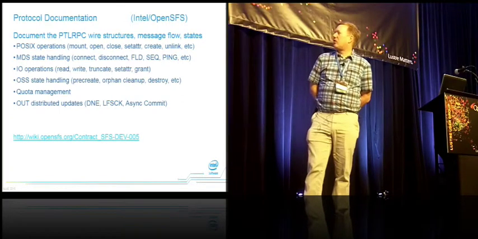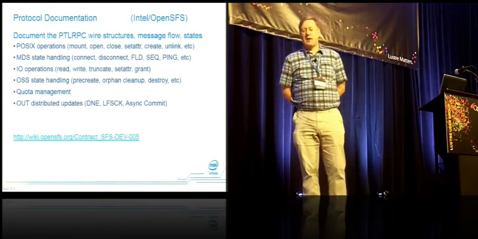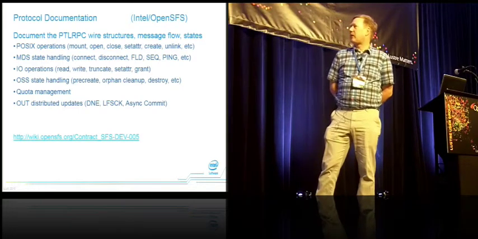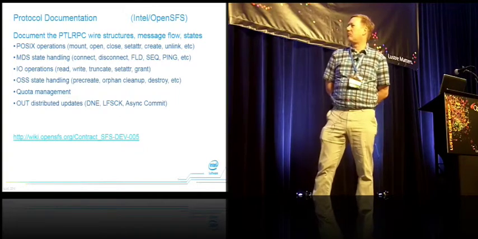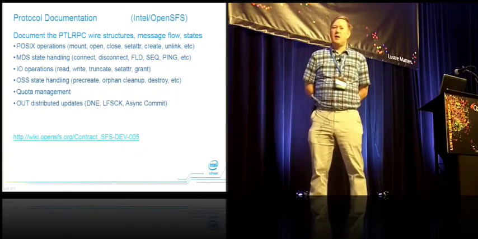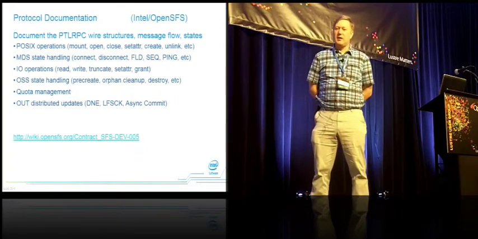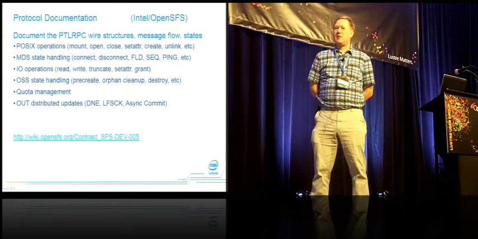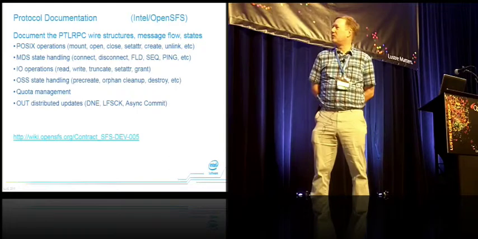Protocol documentation is not really tied to a specific Lustre release, but it's describing what goes over the wire, and is intended to help newer developers understand what's happening with Lustre, and even existing developers to understand what's really going on, rather than what their mental model might have grown into.